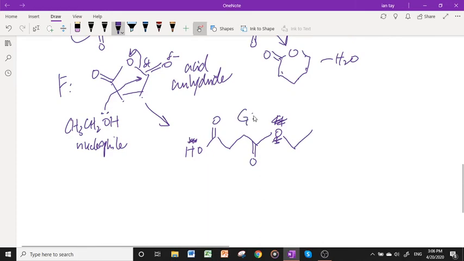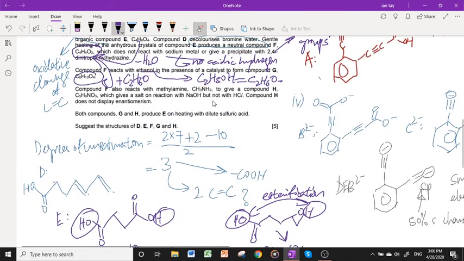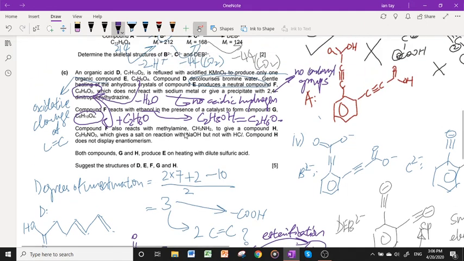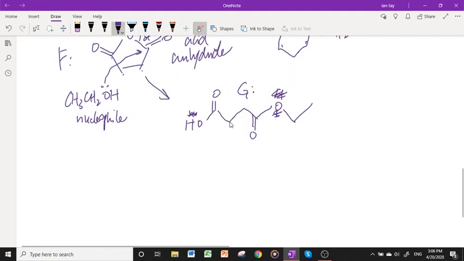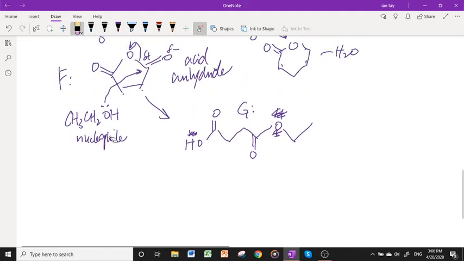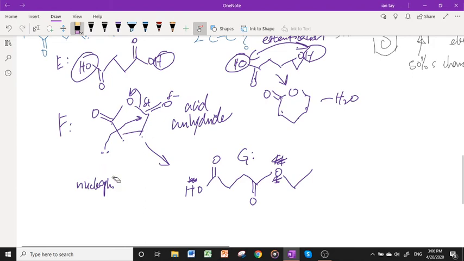Okay, and then we are told that compound F reacts with methylamine to give a compound H. So from compound F to methylamine over here, what am I adding? I'm adding CH5N. And what is the formula of methylamine? CH5N. So also adding everything in. So let me propose to you something similar. So instead, the nucleophile will be CH3NH2, and then what will you get?